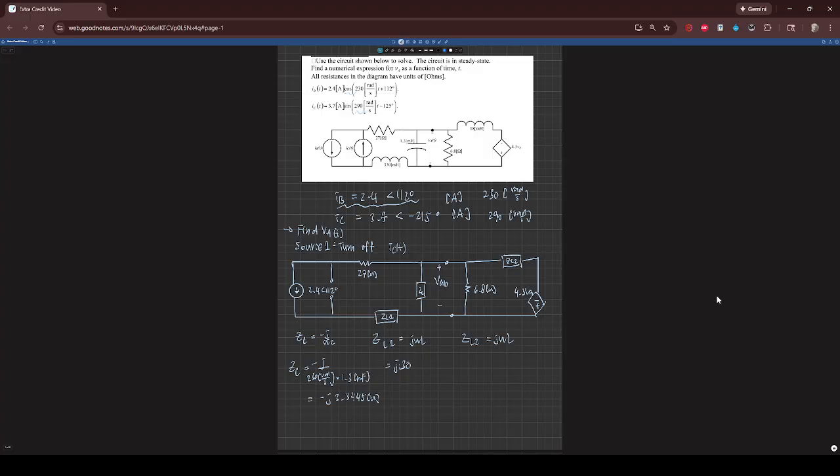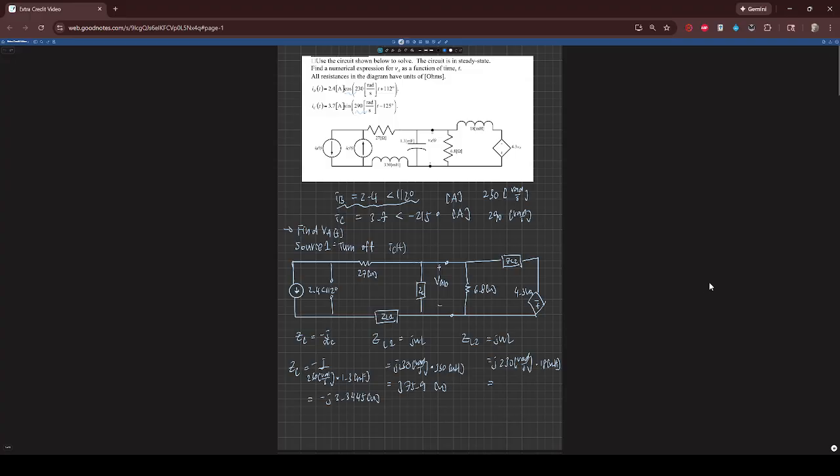And for the second inductor, j 230 times 18 millihenries gives us j 4.14 ohms.